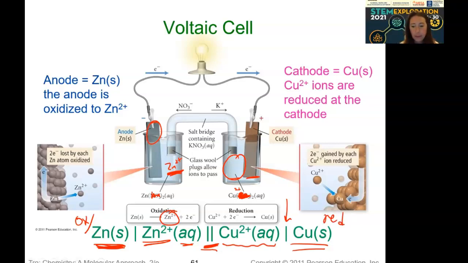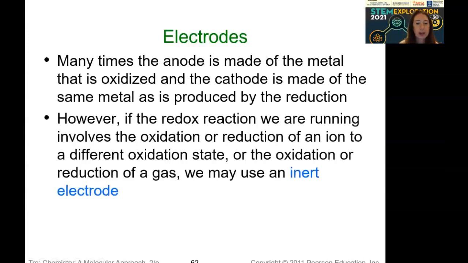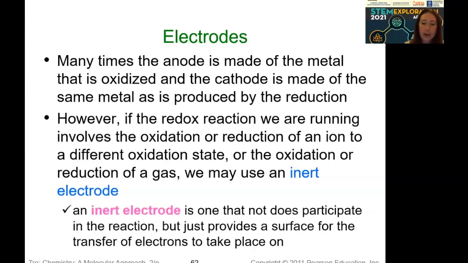Okay. And again, remember cathode, reduction, LEO the lion says GER, the red cat. Reduction happens at the cathode. Now, let's talk about these electrodes. Remember our anode, where there's oxidation, is made of the metal that's oxidized, and the cathode is made of the metal that's reduced.